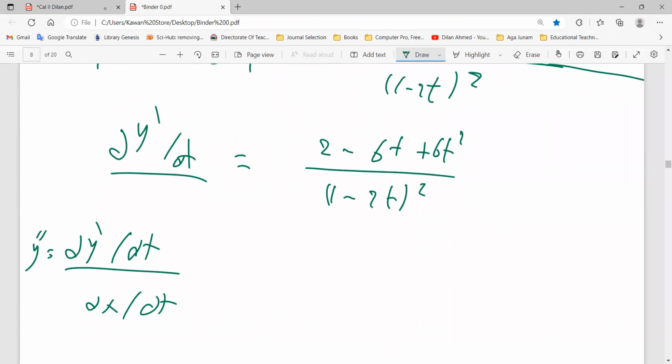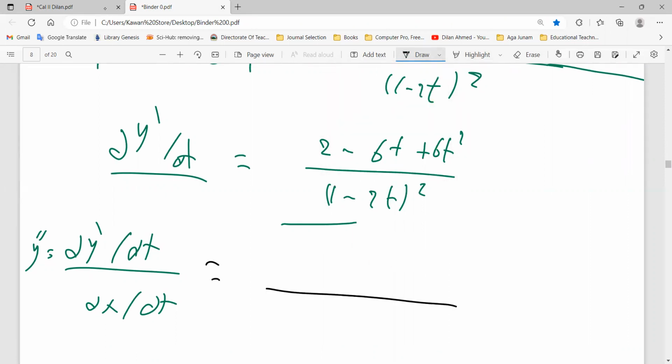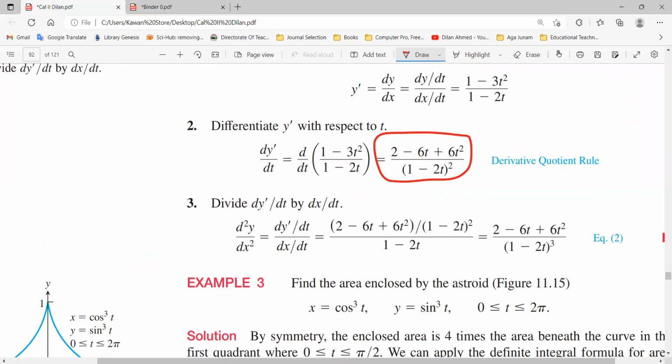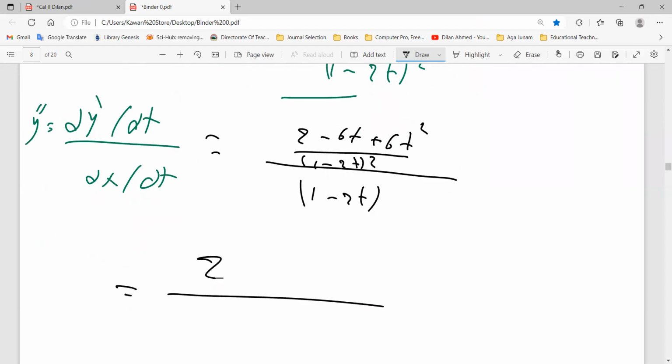So again, it's over that result: 2 minus 6t plus 6t squared over 1 minus 2t, all of them squared, over 1 minus 2t again. And it will be 1 minus 2t cubed, and that's all. The result will be 2 minus 6t plus 6t squared over 1 minus 2t cubed. That's all you got.